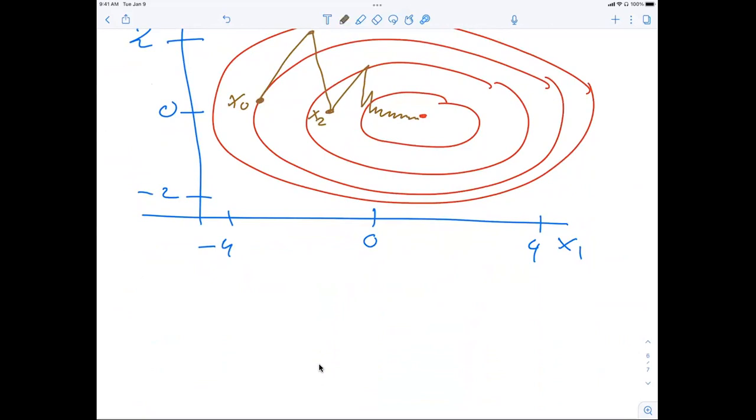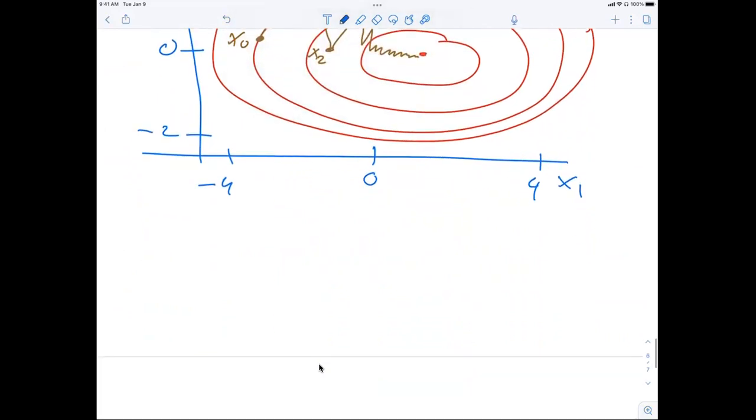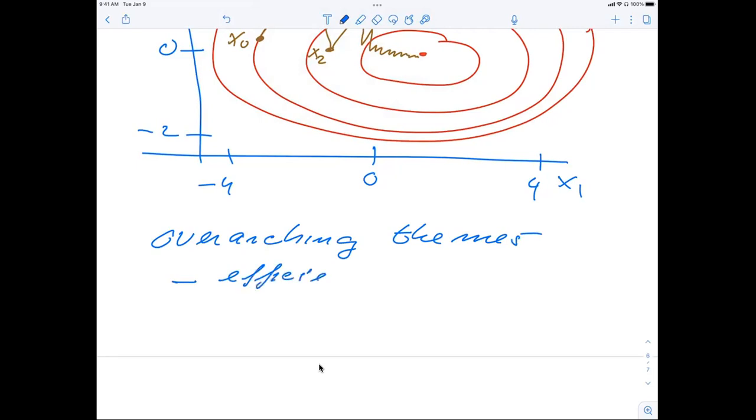So these kinds of methods which we are dealing with, let me just write it down again. There are essentially two overarching themes. One, the first theme is an efficient calculation of the gradient, and that's going to lead to the stochastic gradient descent, efficient calculation of g of x.